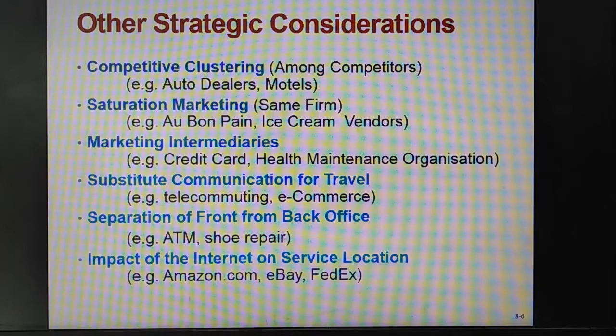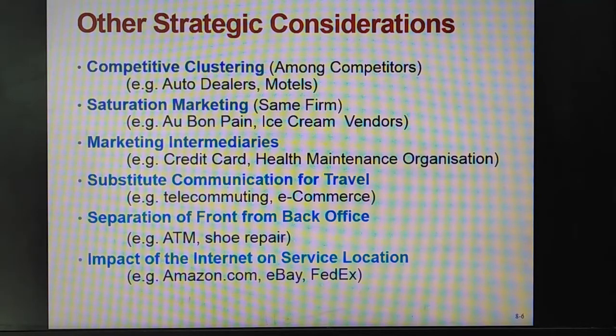Next is saturating the market. Saturation marketing means that within the same firm, outlets can fill up the market area so that they can offer more volume or options for people to get the service.